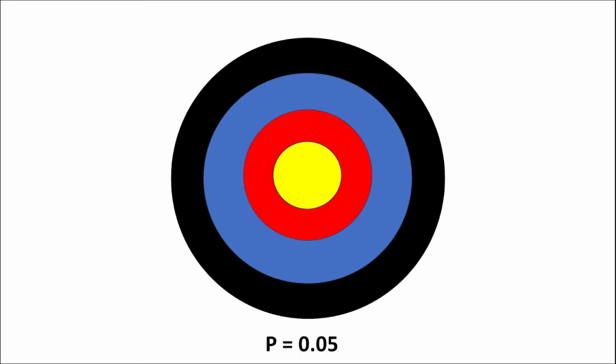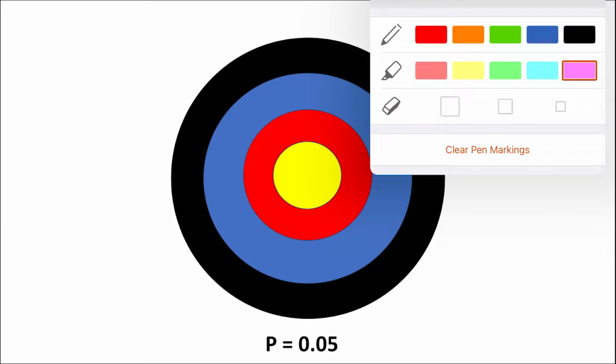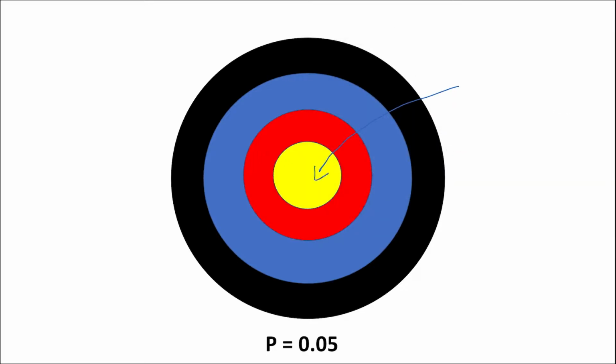Getting a significant result is like hitting the bullseye on a target. If we hit the yellow section, then our finding is significant. We are confident that the difference or the association is a real effect. We are confident that that difference or association has occurred due to our manipulation of the IV, or due to a real association between those two co-variables, not due to chance.